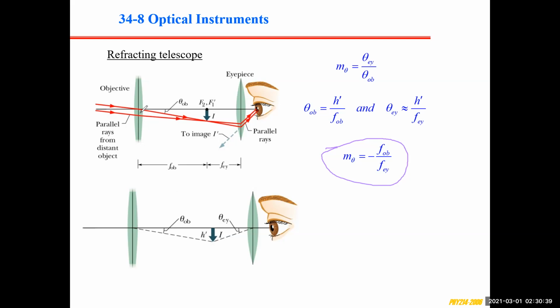This is the refracting telescope. There's also a reflecting telescope as well. It comes with a different design, but it always utilizes the same principle to produce an image that you can see, bringing the distant object closer to you.